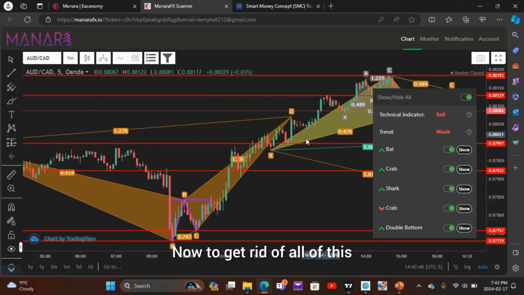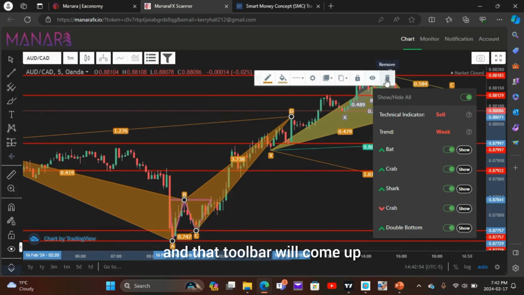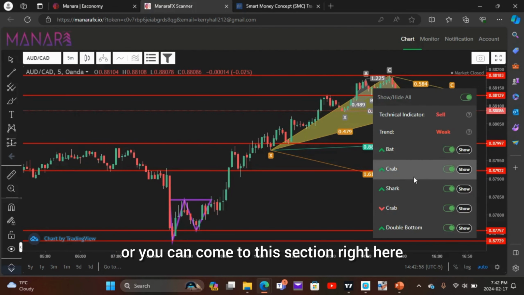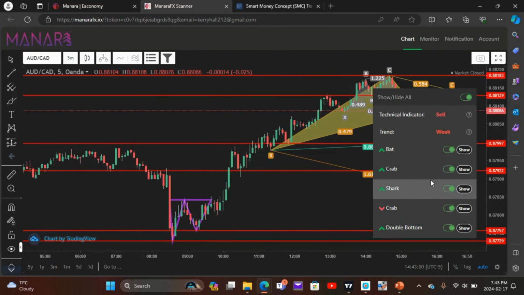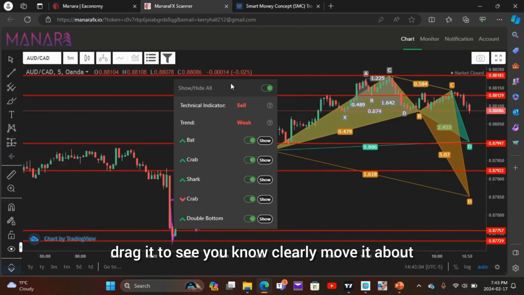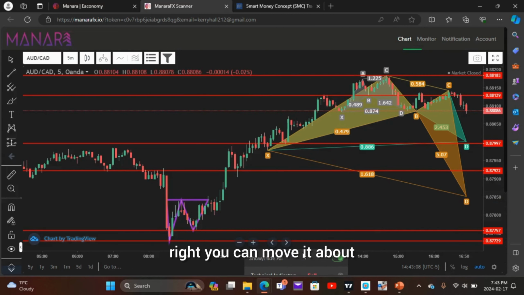Now, to get rid of all of this, if it's a bit confusing to you, all you have to do is click on it and that toolbar will come up. You'll just hit remove, or you can come to this section right here that has the different patterns. You can even drag it to see clearly, move it about.